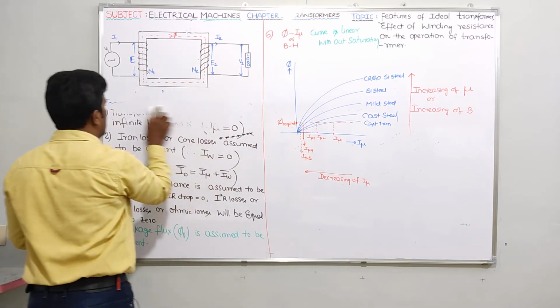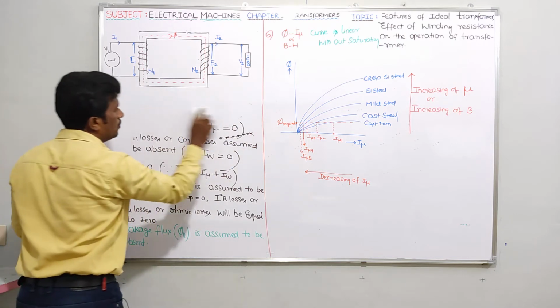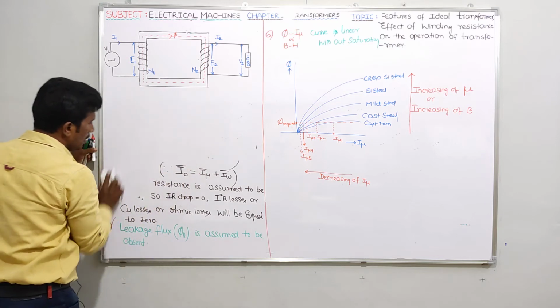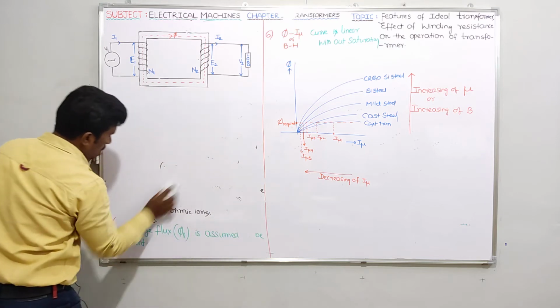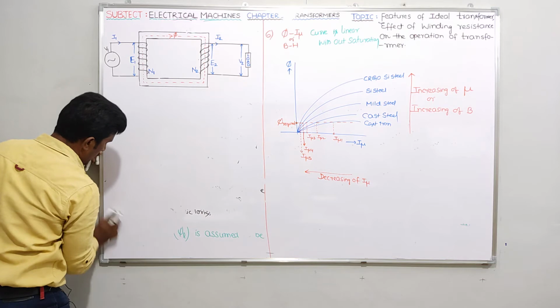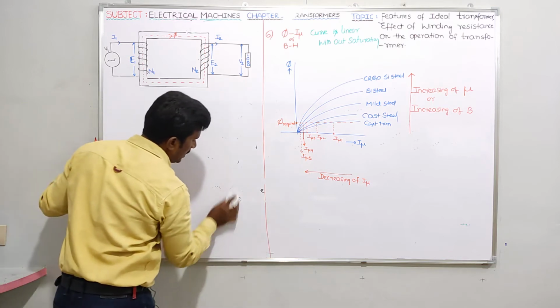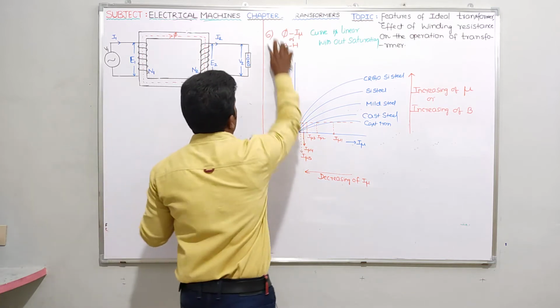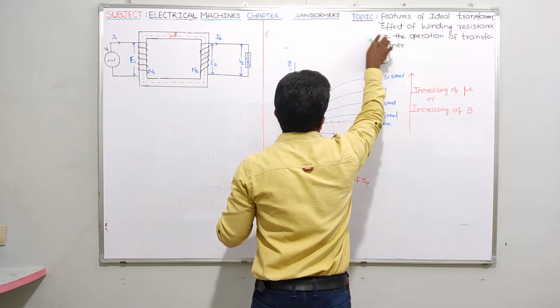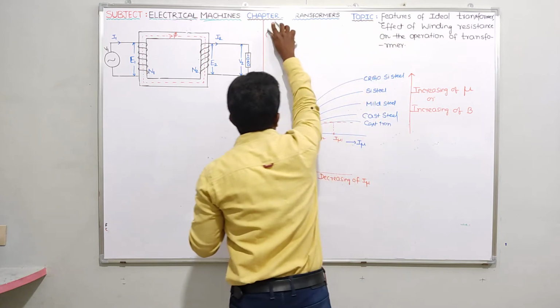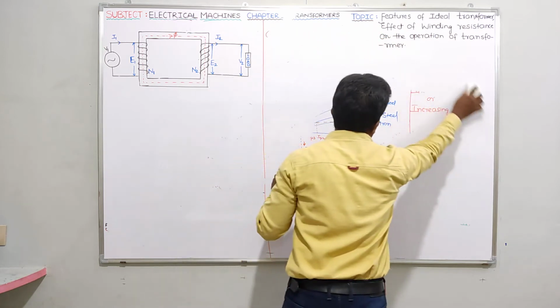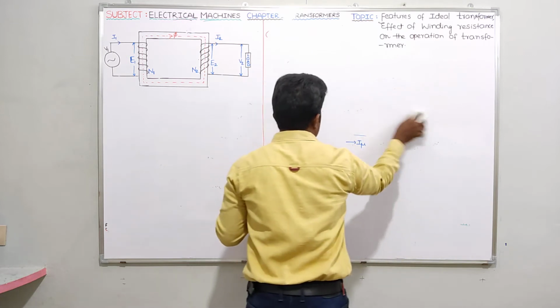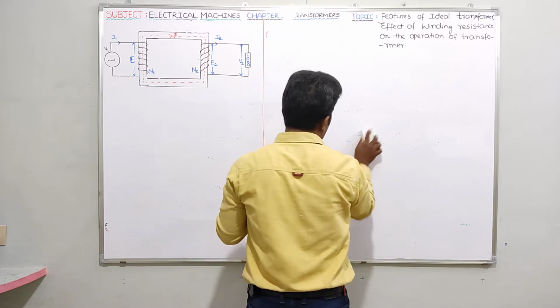For that, let me take the same figure which I just drew here. Guys, if you take primary winding and secondary winding, practically some resistance value will be there. Though it is a very good conductive material, some finite resistance value will be there, no doubt.